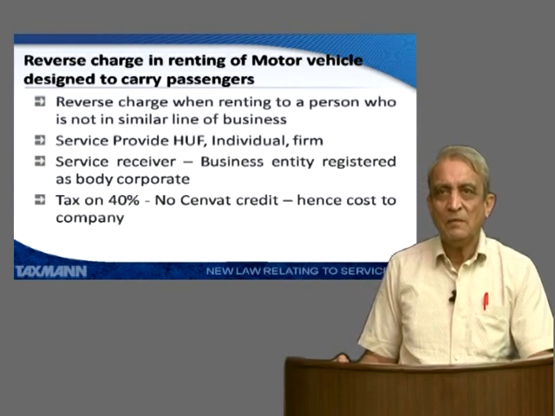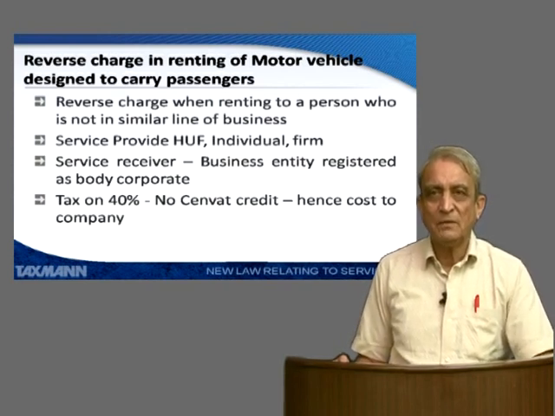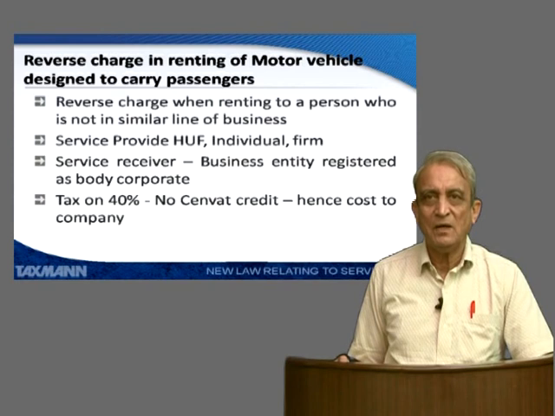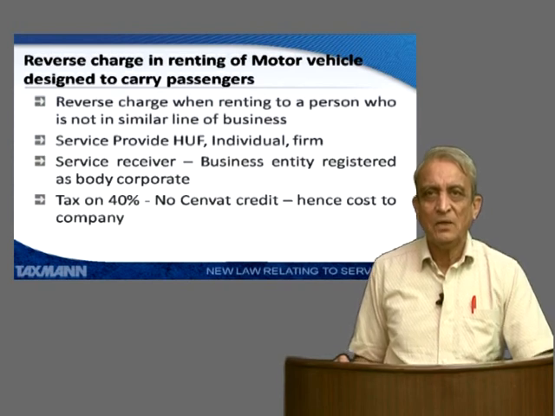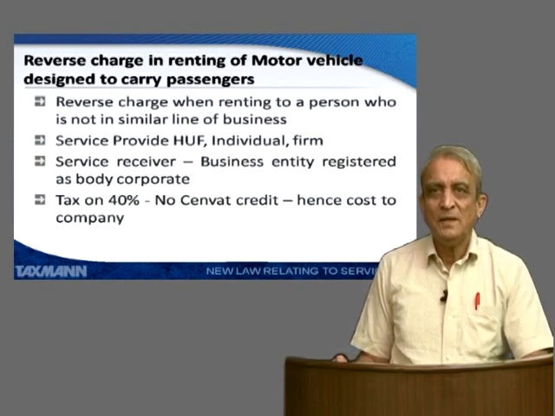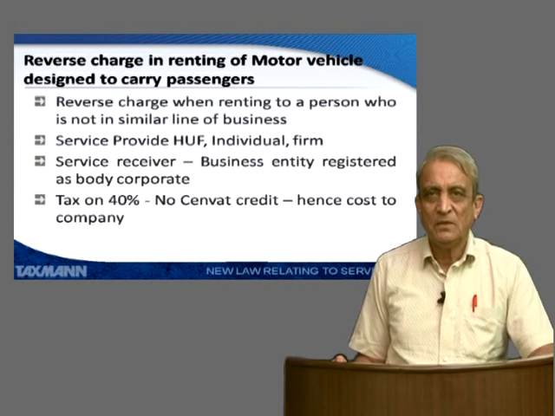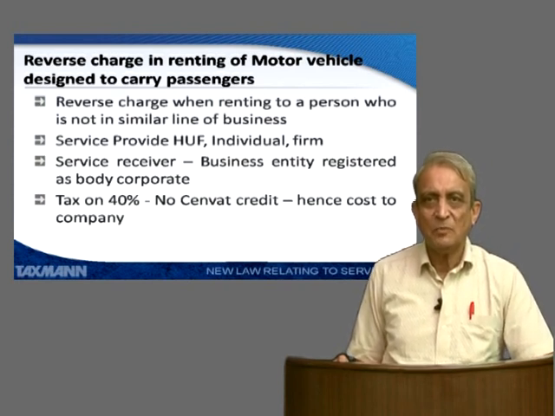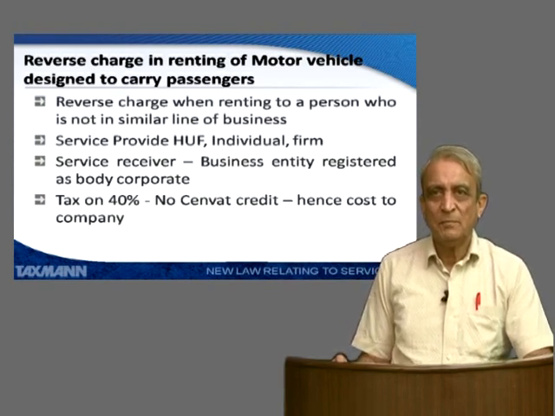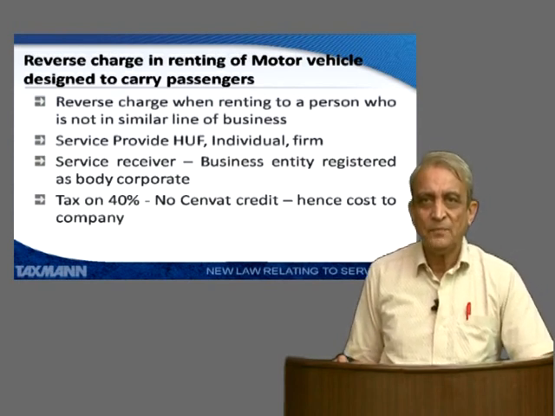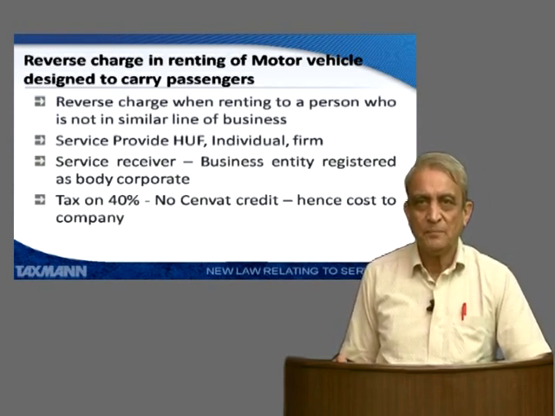That means all business and all service receivers are not liable. In fact, even all business entities who are receiving the service are not liable. Only business entities who are registered as a body corporate are liable. A little while ago, we discussed what is meant by a business entity and what is meant by a body corporate.